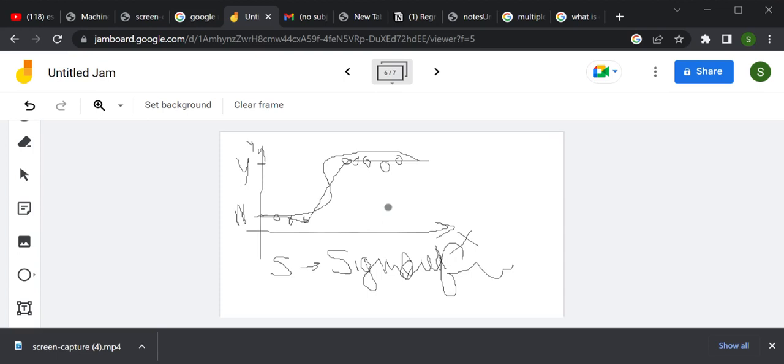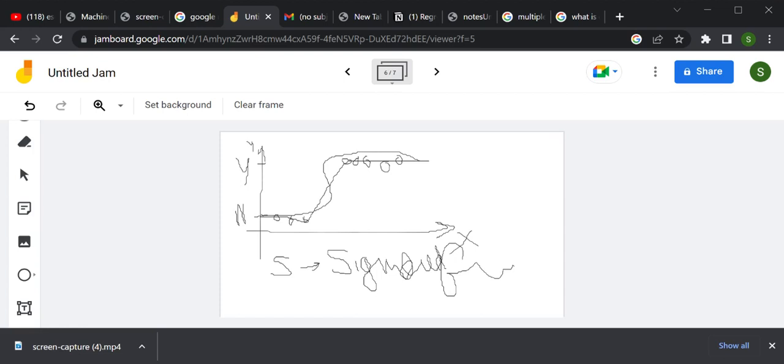Now this example of classification of data points into yes or no is called the logistic function. Simple as that.